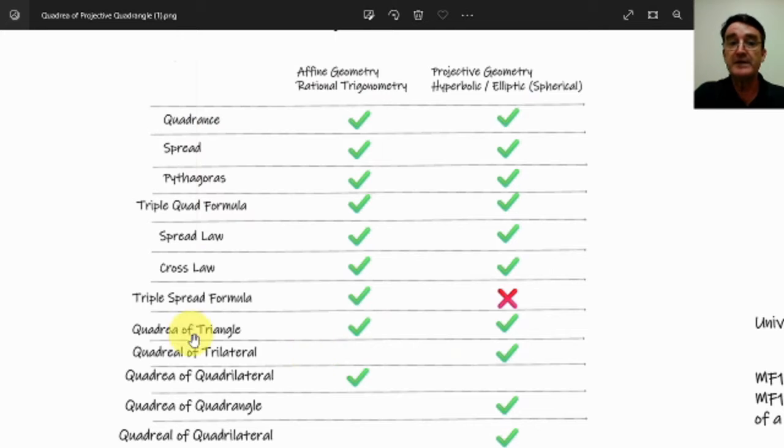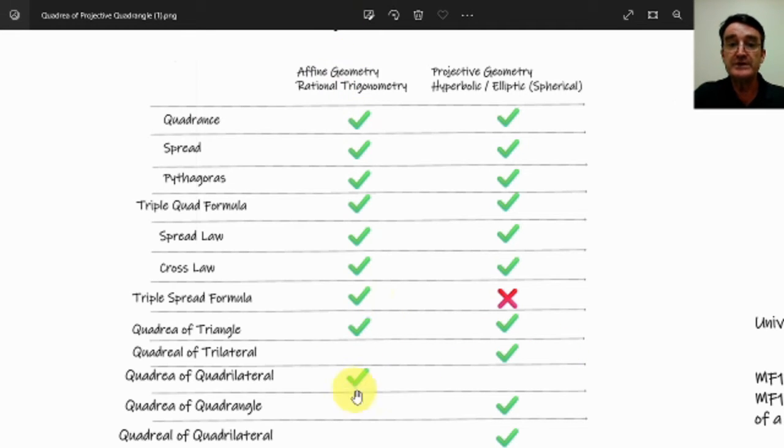Also, we have a metrical notion of the quadria of a triangle in both affine geometry and projective geometry. And in projective geometry, we have a notion of the dual of a triangle, with a metrical quantity called the quadreal of a trilateral. So there's a duality between a triangle and a trilateral in projective geometry.